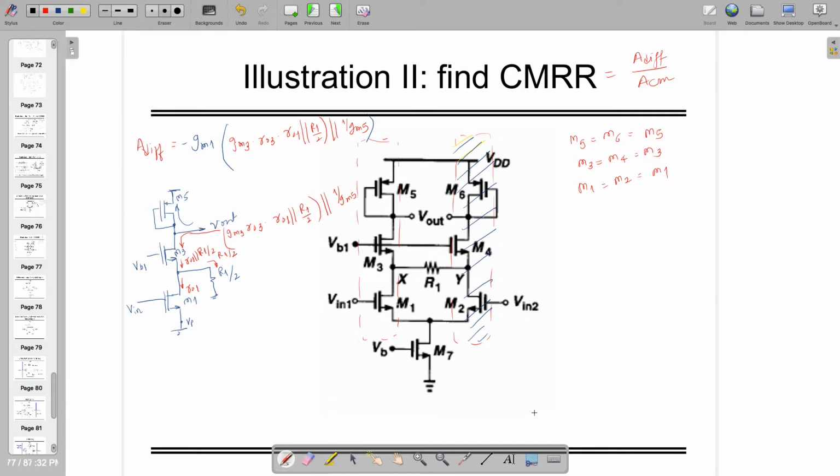First of all, as this is not ground, you can draw the equivalent circuit over here. Let's call it M7. Let's call it VB, right? On top of that, you might have M1, and look at this, X and Y are exactly the same value, so this will be shorted.